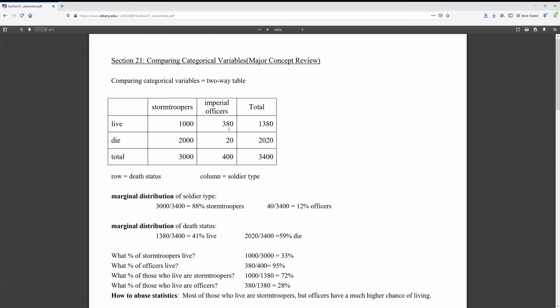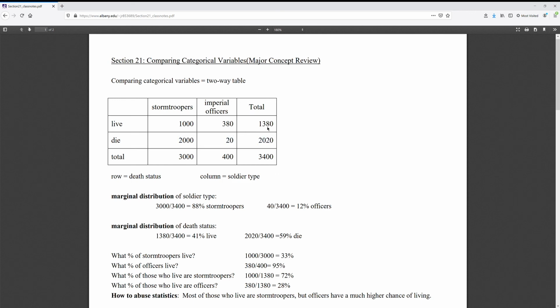Alternately, we can go across. We can talk about the 3,400 people and how many lived and how many died. So 1,000 stormtroopers who lived plus 380 imperial officers who lived is 1,380 total individuals who lived. And likewise for the died. If we add up horizontally, then we get 2,020 total who died.